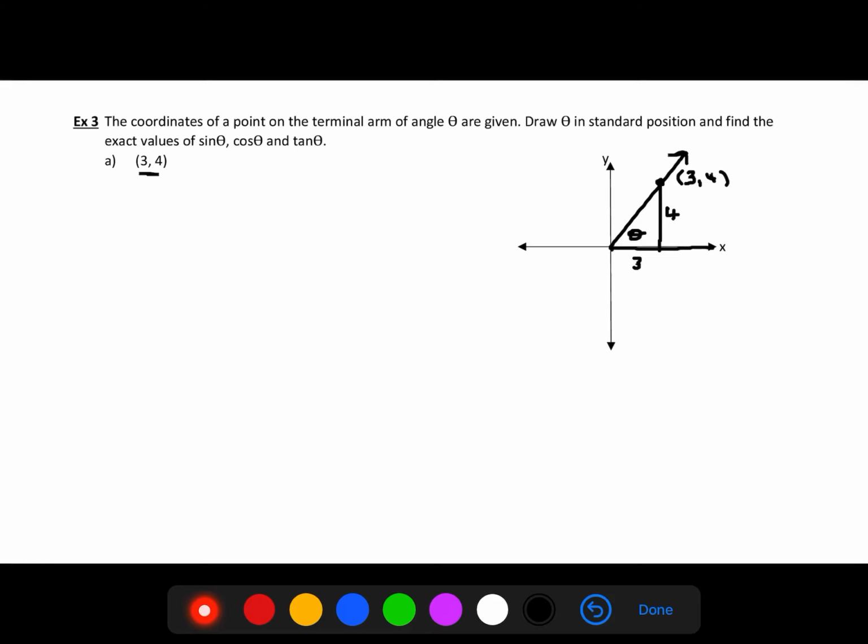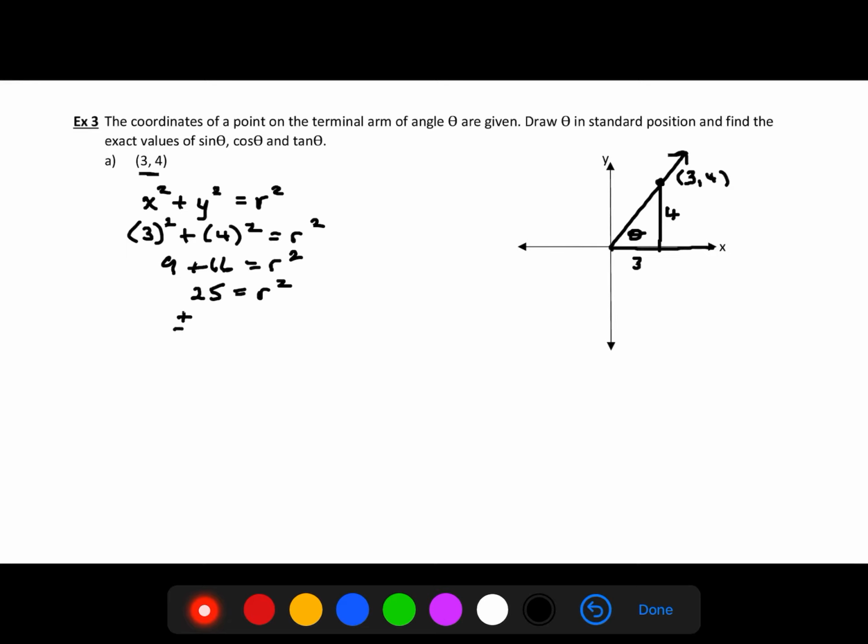So the first thing we want to do is calculate our radius, and we can do that by using x squared plus y squared equals r squared. So subbing in 3 squared plus 4 squared equals r squared, 9 plus 16, and we get 25.